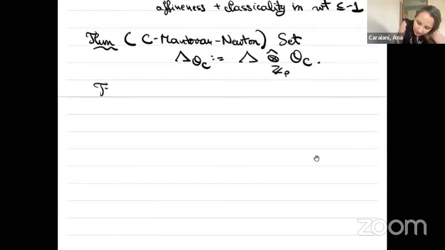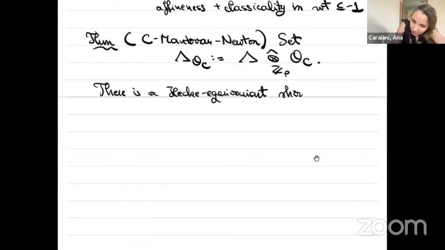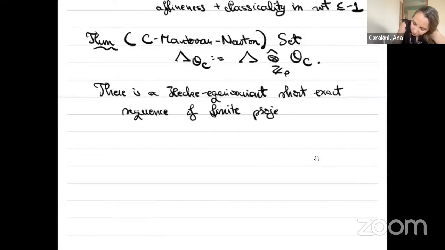And then I want to say there is a Hecke equivariant short exact sequence of finite projective lambda OC modules.